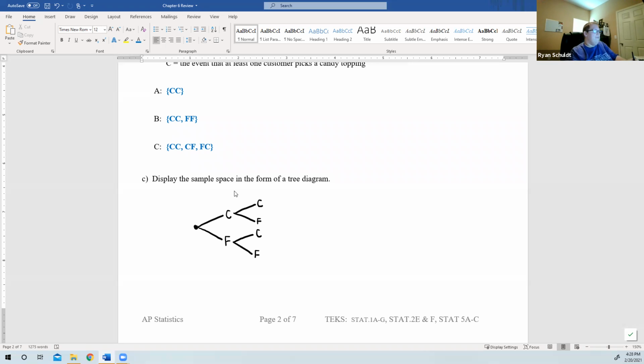And then you can even go forth and say, okay, this represents candy, candy. This branch represents candy, then fruit. This branch represents fruit, then candy. This branch represents fruit, and then fruit. And notice we captured all 4 of our sample space options.